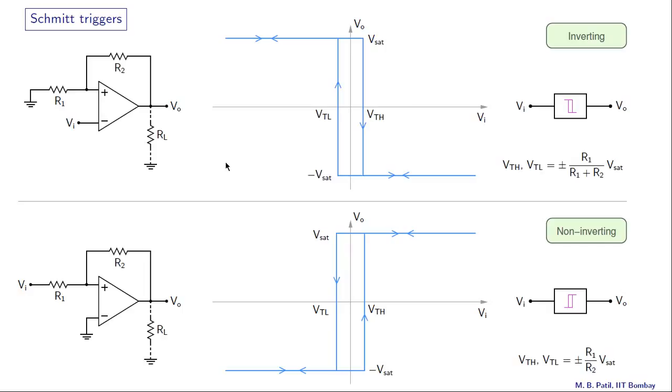Here is a summary of both types of Schmitt triggers which we have seen: inverting and non-inverting. The inverting Schmitt trigger is denoted by this symbol here, and the non-inverting Schmitt trigger by this symbol. Essentially, this symbol comes from the VO versus VI relationship.